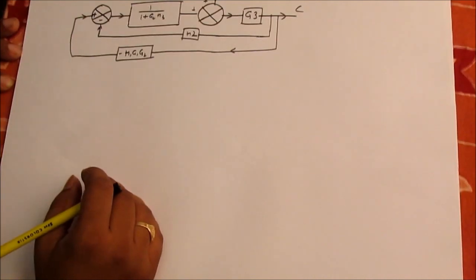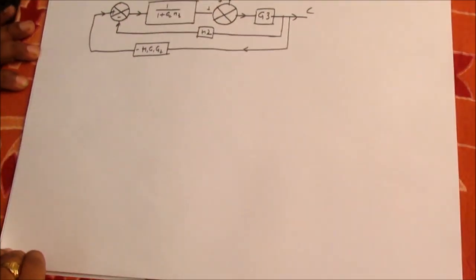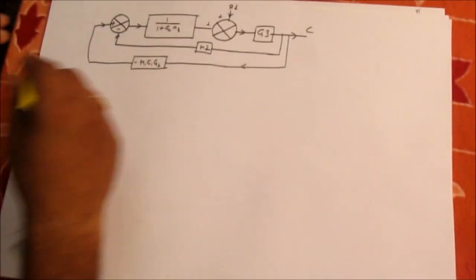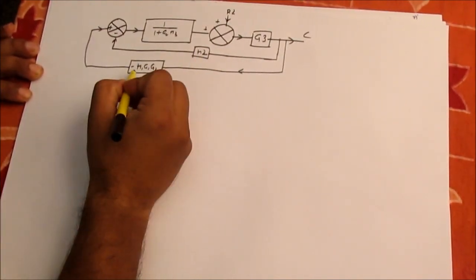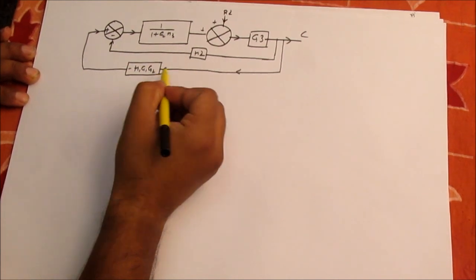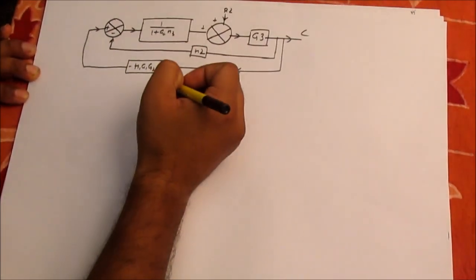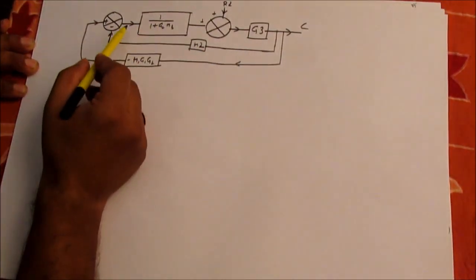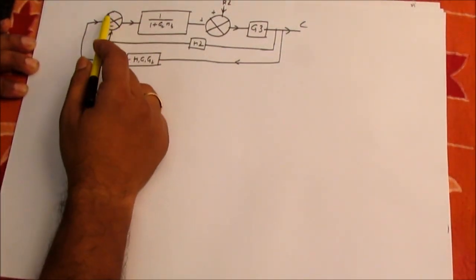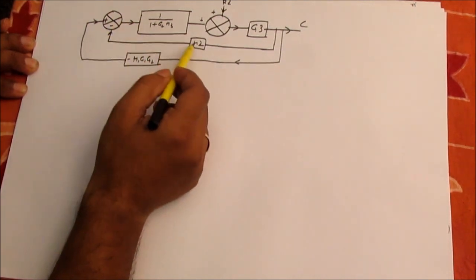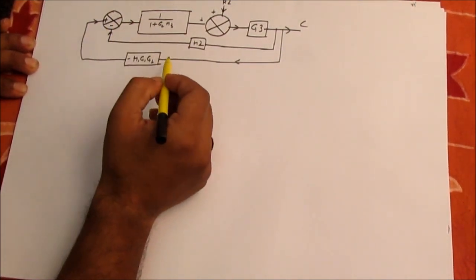Now looking into this diagram, we can see these two blocks, that is this H2 block and this minus H1 G1 G2, are in parallel, and we have the summing amplifier here, so I can replace this summing amplifier and this block with a single block.